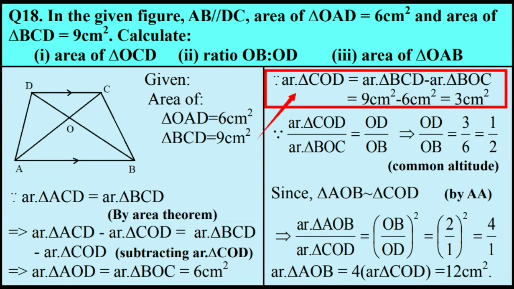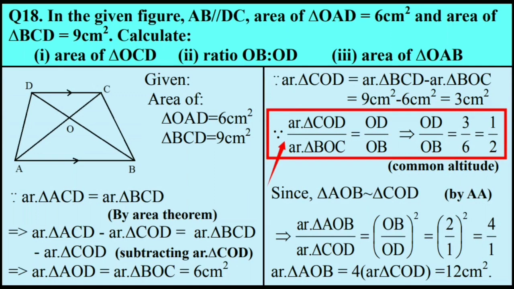In the next block, the area of triangle COD is found out. That is equal to area of triangle BCD minus the area of triangle BOC, and that is 9 minus 6. Hence 3 cm square is the area of the triangle COD.